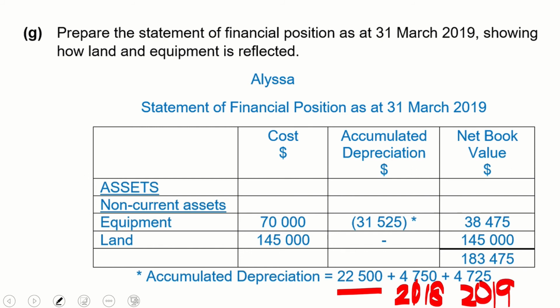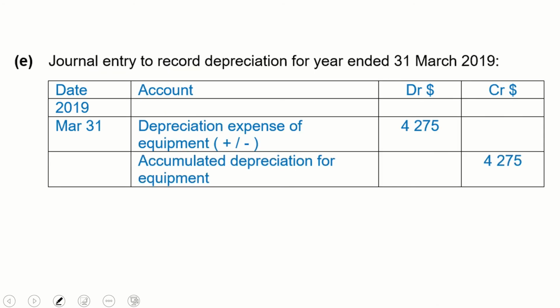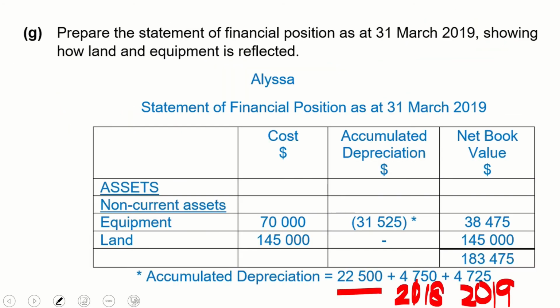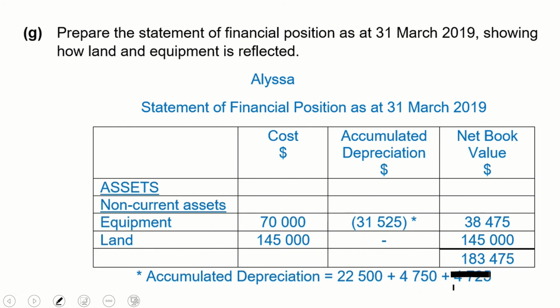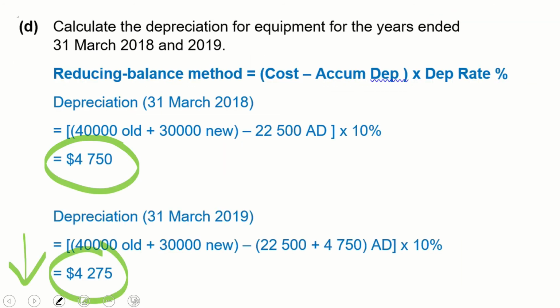Sorry, there is a typo error. Alright, so where did these numbers come from?